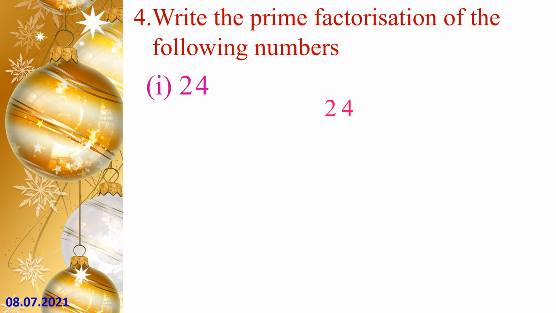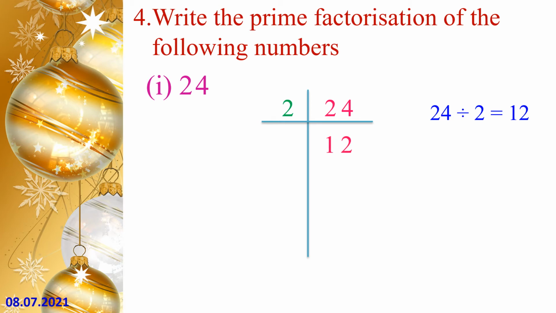As 24 is an even number, it is divisible by 2. So now we write 2 to the left of 24. Dividing 24 by 2, we get 12, which we write below the 24.